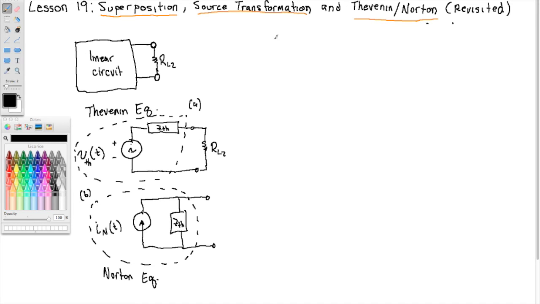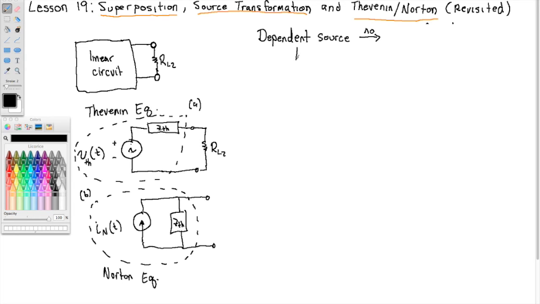Now, if you really remember how to do the Thevenin and the Norton analysis, you will remember there were two separate strategies for if there was a dependent source in the circuit. So remember, the first thing you had to do was ask yourself, is there a dependent source? If the answer to that was no, then we had a couple steps to find the Thevenin equivalent circuit, right? The Thevenin voltage and the Thevenin impedance.